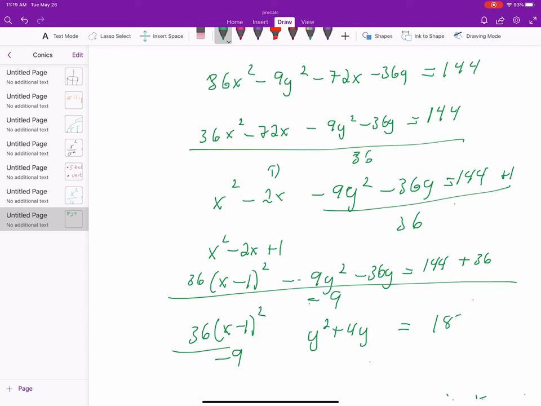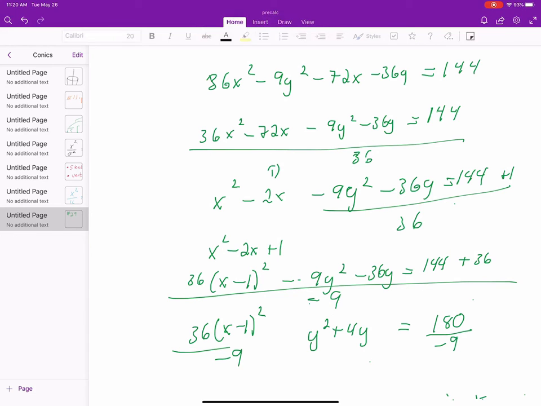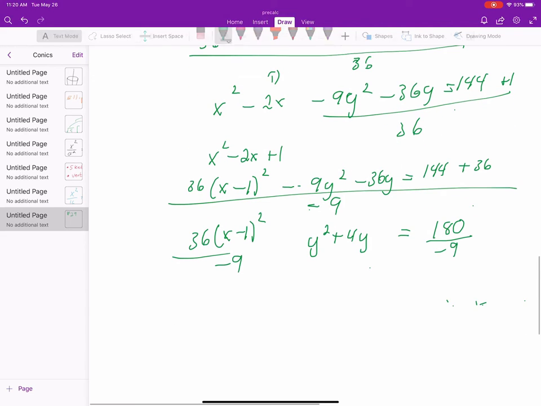So that'd be 180, and that's also divided by negative 9, but I'm not going to divide it because I know I'm going to multiply, and it's all going to fall out anyway. Keep with me here. So this side over here, we're just going to leave it. Here I'm going to get y plus, half of 4 is 2. I got to add a 4 to this side, so I got to add a 4 to this side.